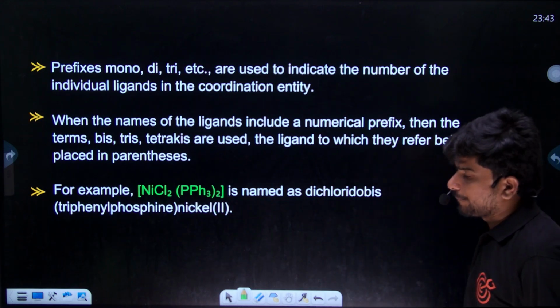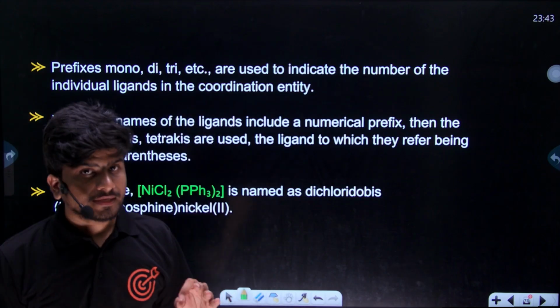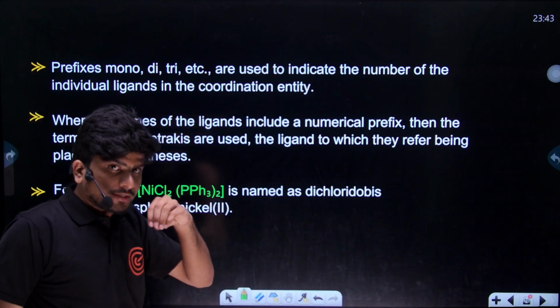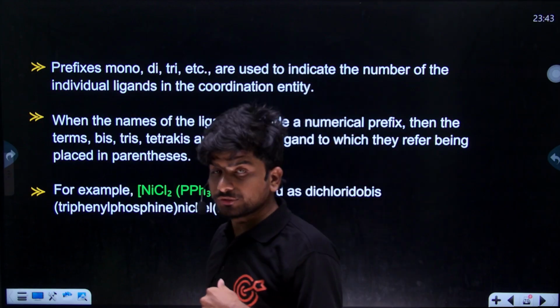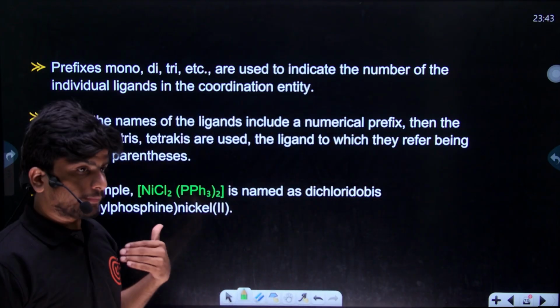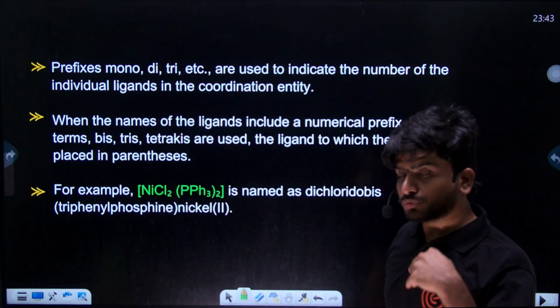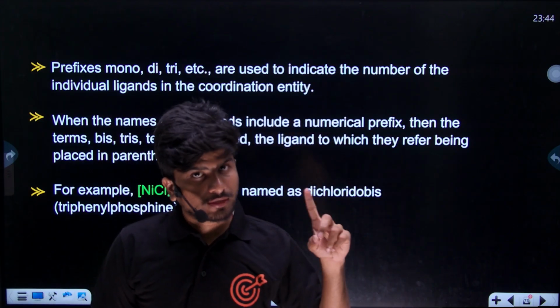Now, prefixes like mono, di, tri, tetrakis are used to indicate the number of individual ligands. If there are already prefixes like di in the ligand name itself, like ethylenediamine, which has two amines in it: when you write the compound, if en is only one, that is not an issue.